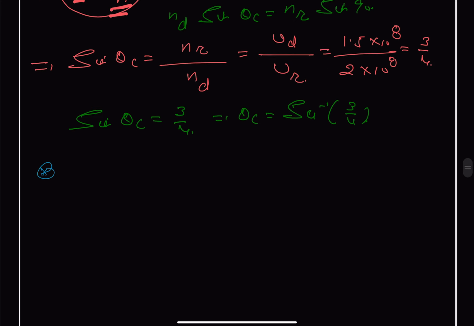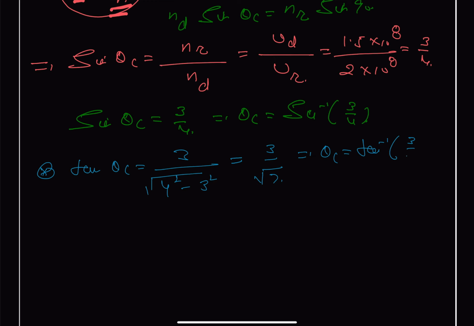Therefore, we can say that tangent of theta c will be equal to 3 divided by the square root of 4 square minus 3 square, which gives us 3 by square root of 7. Therefore, theta c is equal to tangent inverse of 3 by square root of 7.